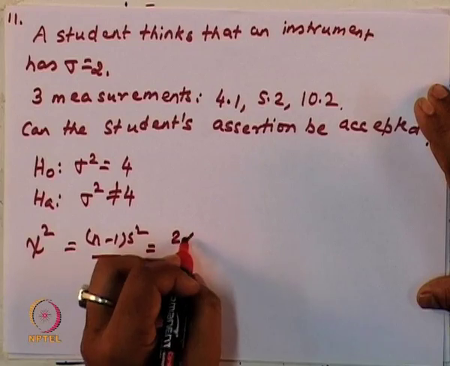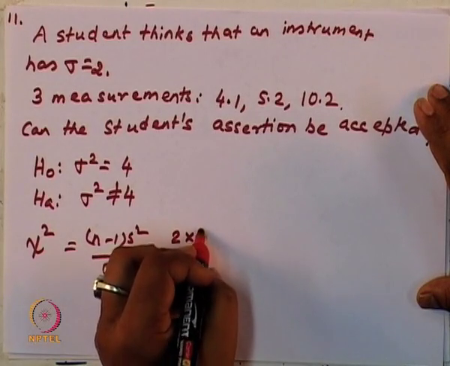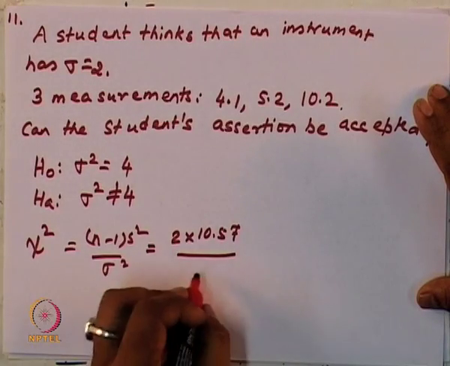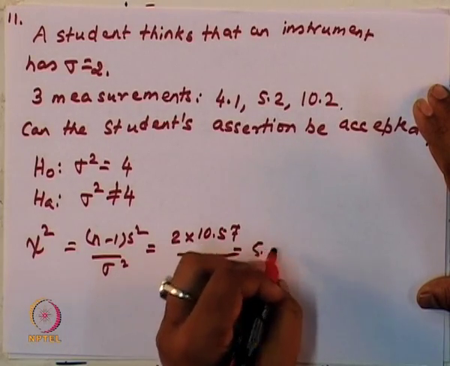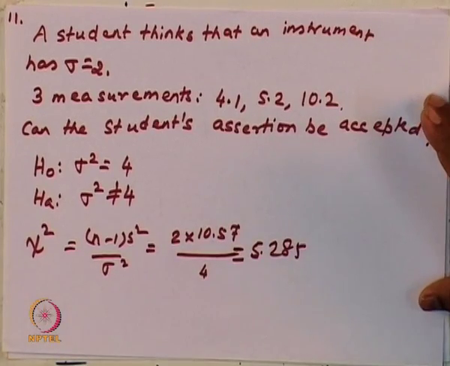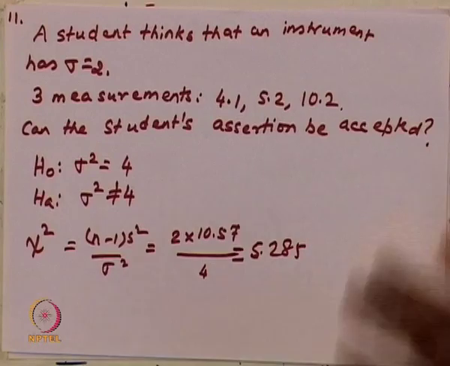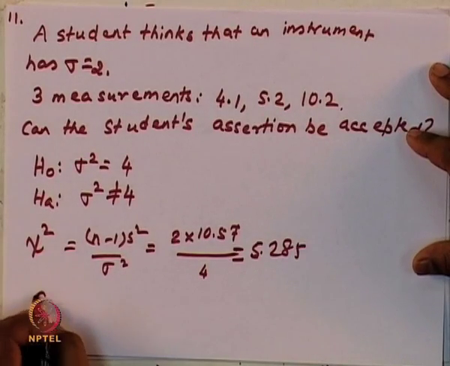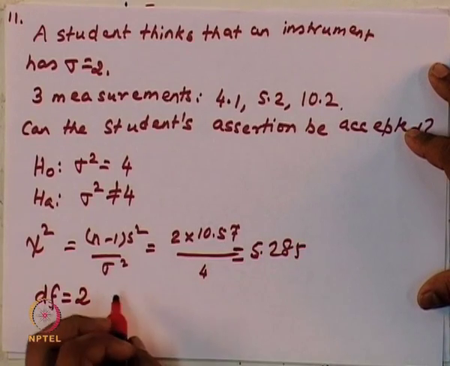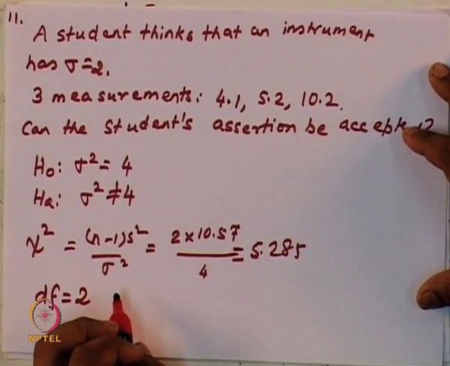This gives you 2 into 10.57, which is what you calculate as s square, by 4 is 5.285. Okay. You get a value of 5.285.